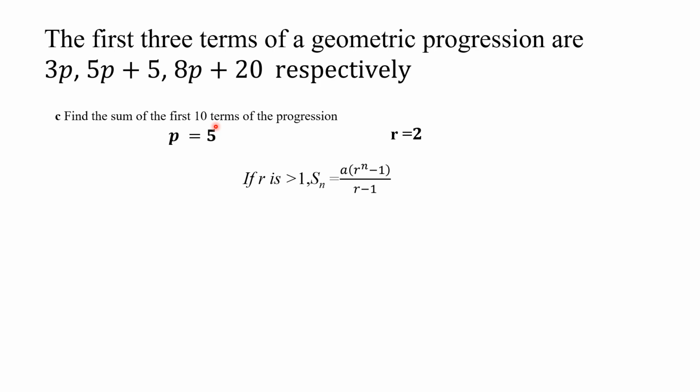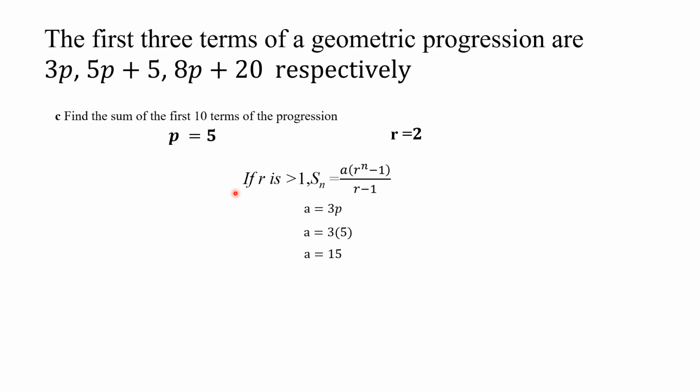Okay, so here we don't have the value of a. That is the only thing that is constraining us from calculating the sum to 10 terms. So a is equal to 3p. So 3 multiplied by 5, we substitute p with 5. So a is equal to 15.